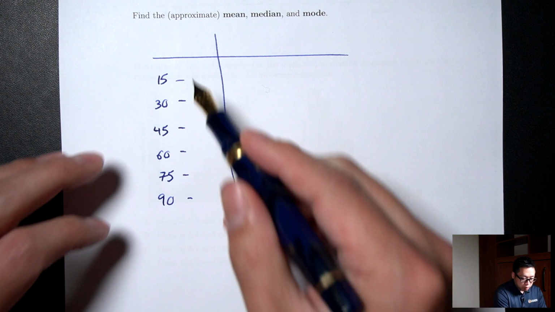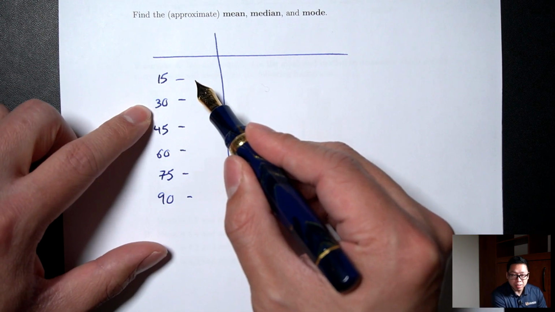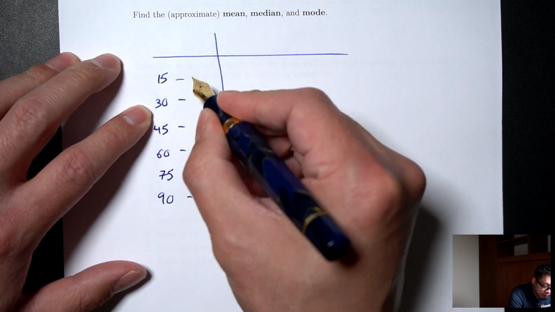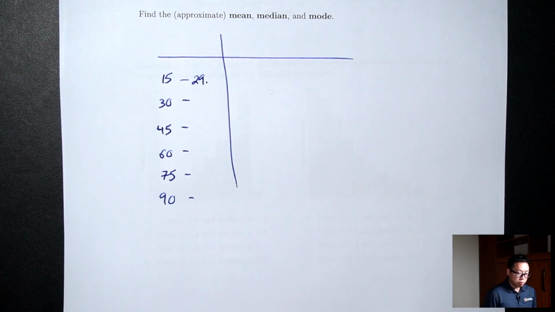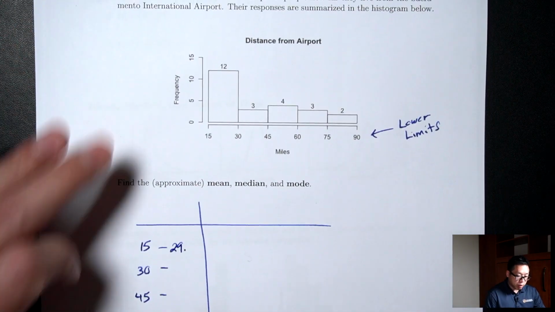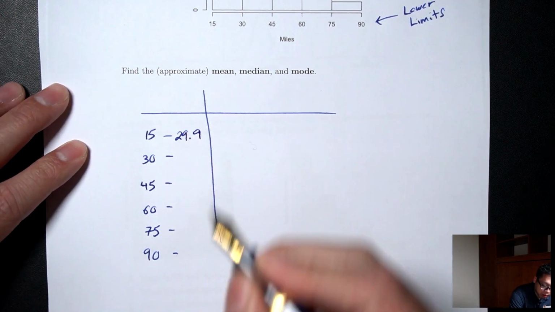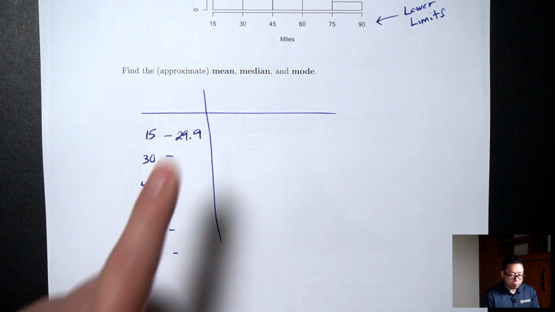Now, the upper numbers. This first upper number should be the number that's just below 30, which is 29. And then you can use however many decimals you want. Because we don't have the original data here, you can use 1 decimal or 2 decimals or 3 decimals. It's up to you. So 29.9 or 29.99 or 29.999 or even more than that.